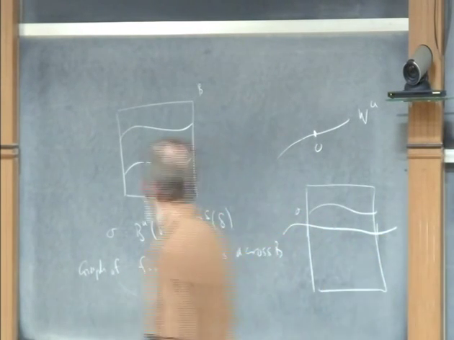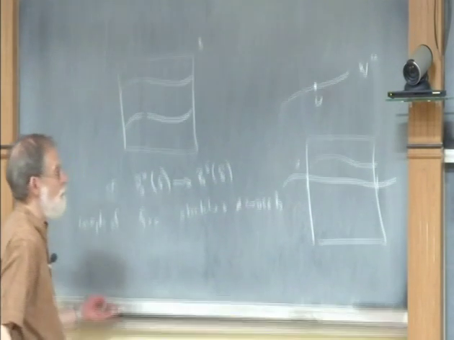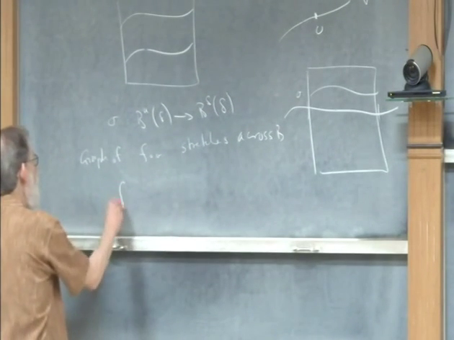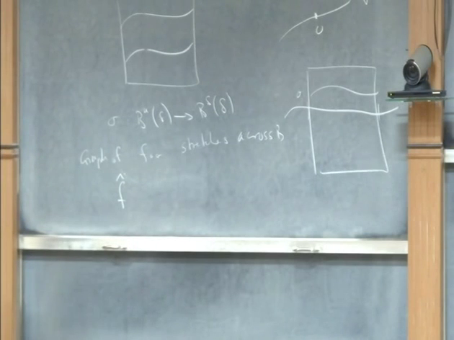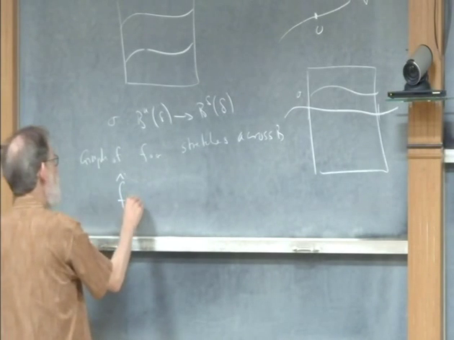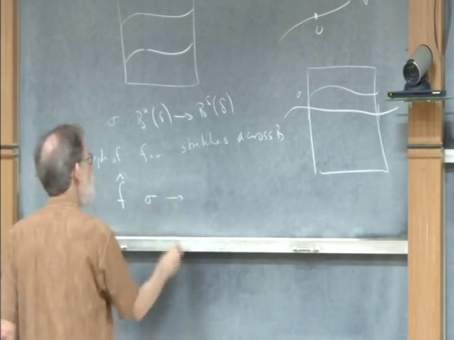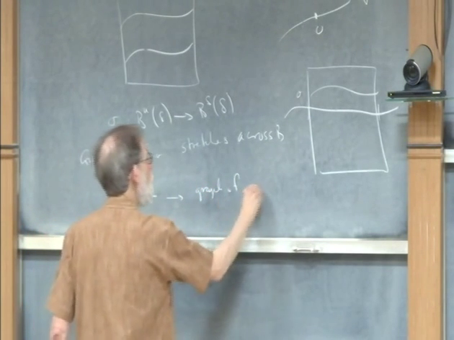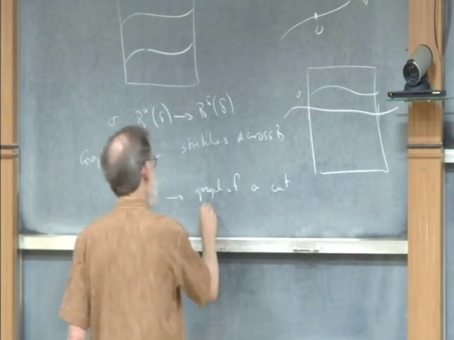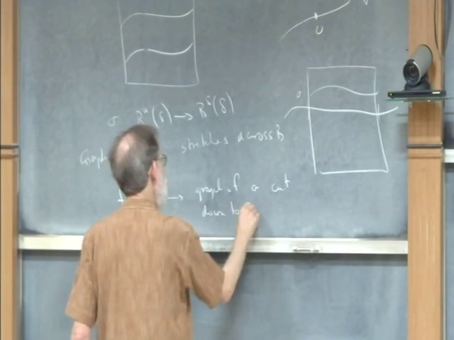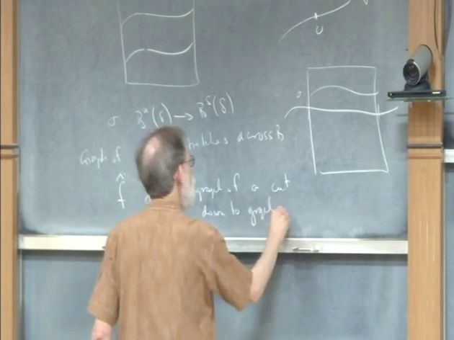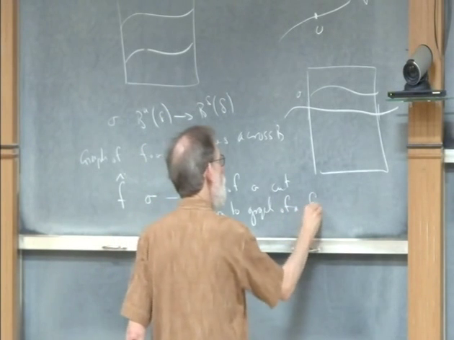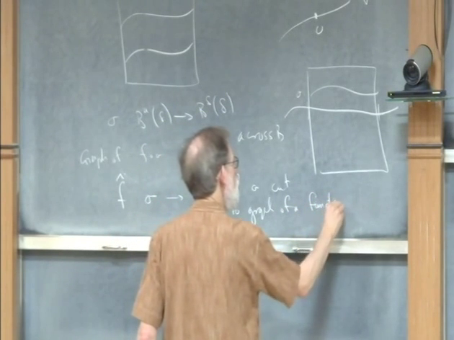So maybe F hat is the graph transform. F hat turns sigma to the graph of sigma cut down to the graph of a function of BU.